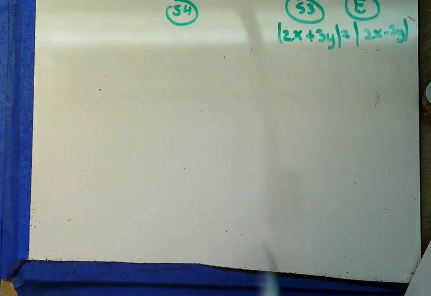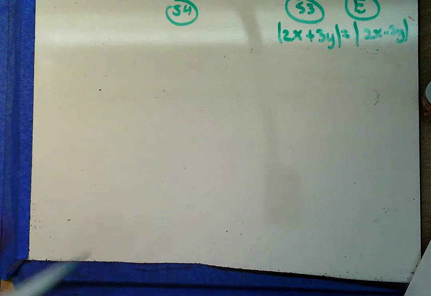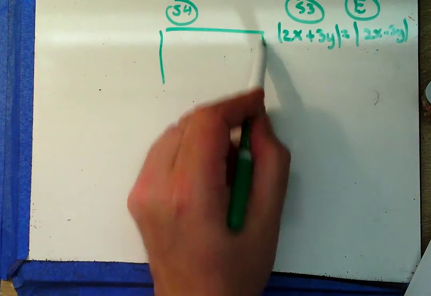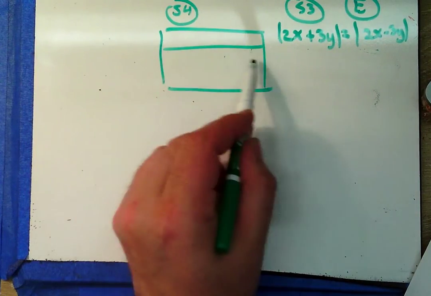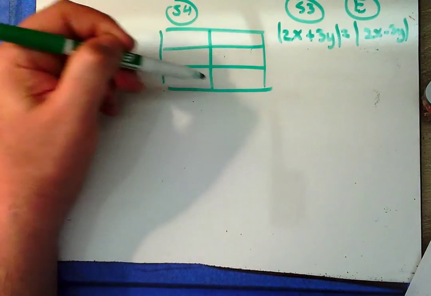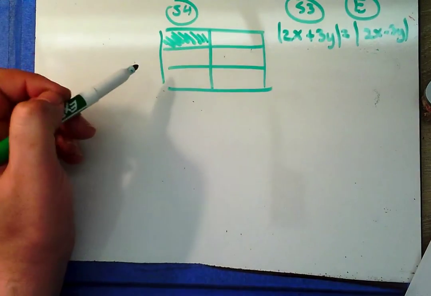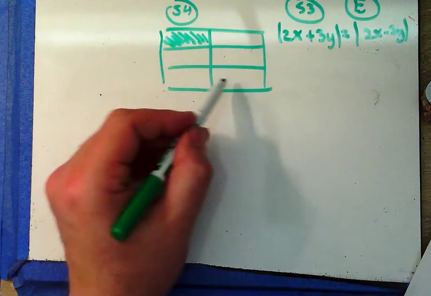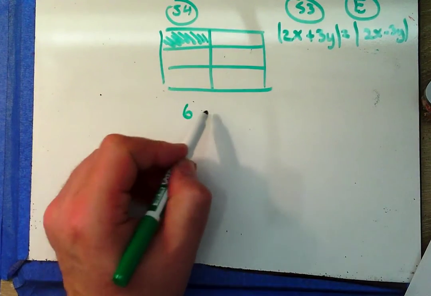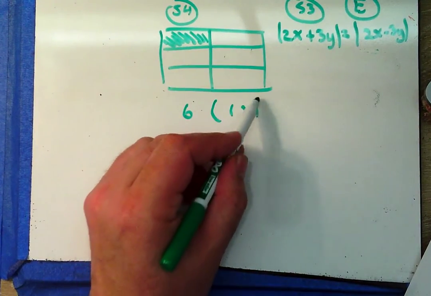54. 54 says we've got a rectangle. I had to think about this one for a few minutes because I kept getting lost. Okay, so we've got these 1 by 1 rectangles, and there's 1, 2, 3, 4, 5, 6 of those. 6 that are 1 by 1.